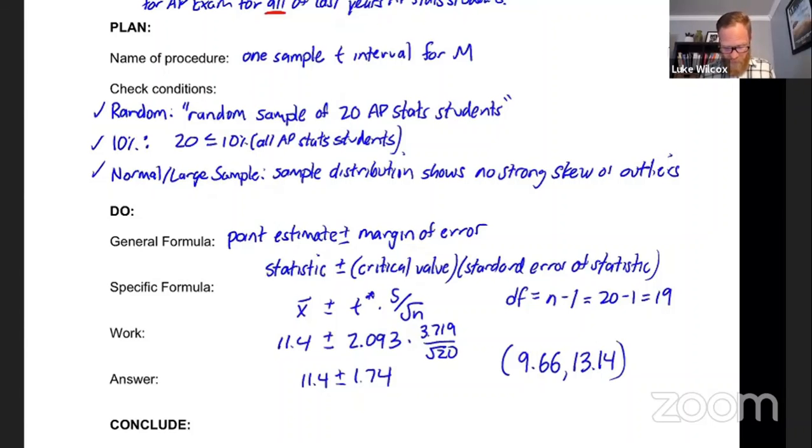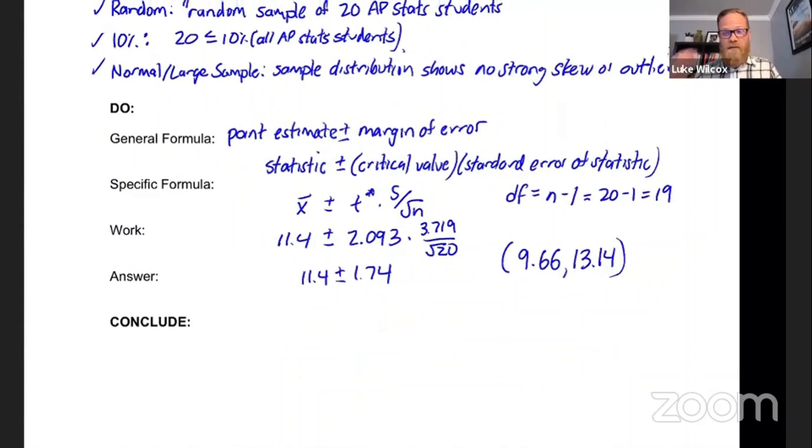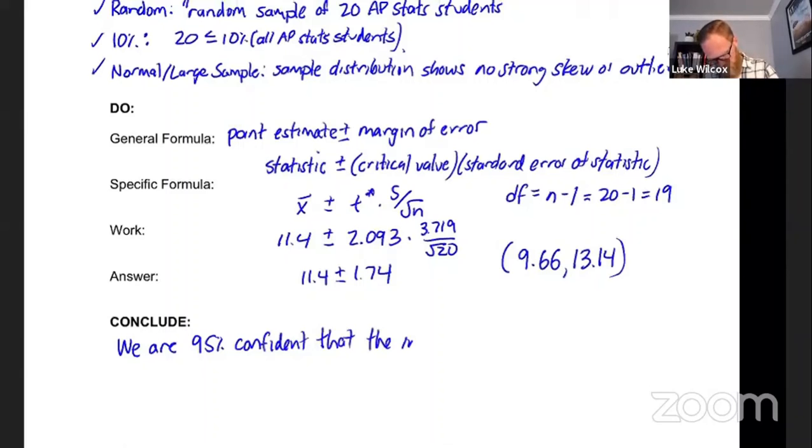Now, as far as interpreting this confidence interval in our conclusion, it's going to look very similar to what we did when we were estimating proportions. So here we go. It says we are 95% confident that the interval from, and this is where we give the actual values of the interval here, it's 9.66 to 13.14.